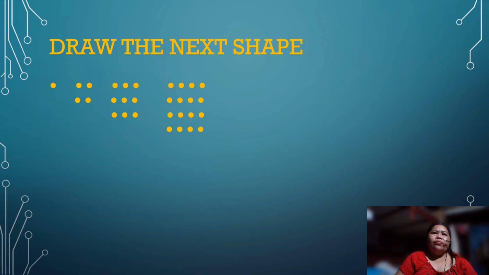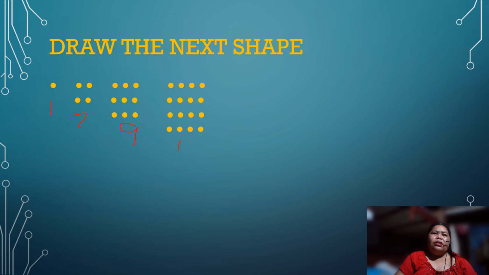Okay, here, we started from the single dot, then it added 4 dots. So from 1, it becomes 4, and then it becomes 9, and it becomes 16, because 4 times 4 is 16, okay?